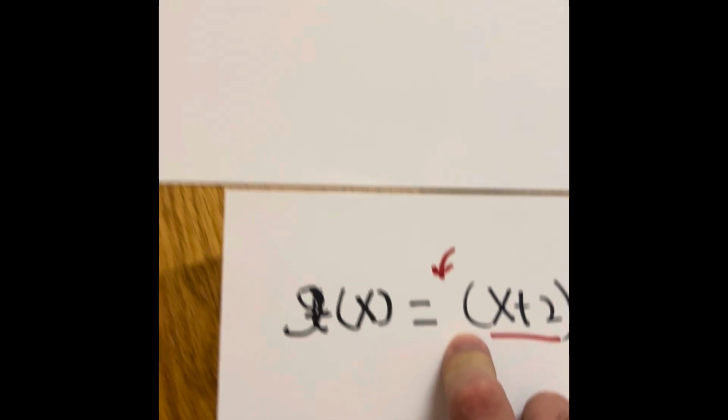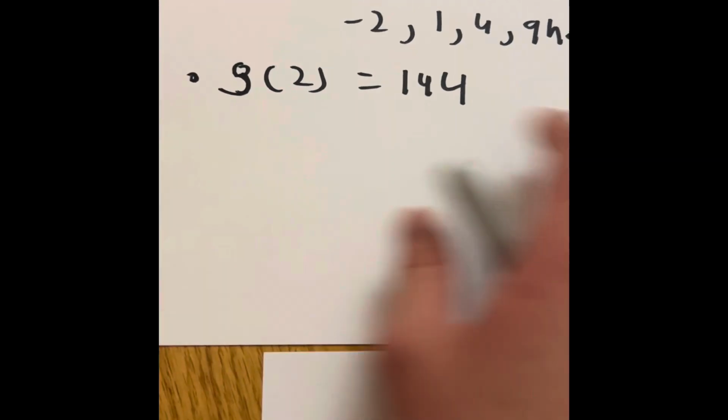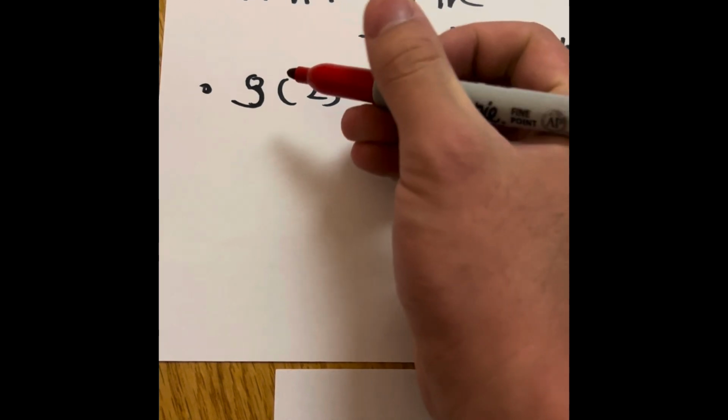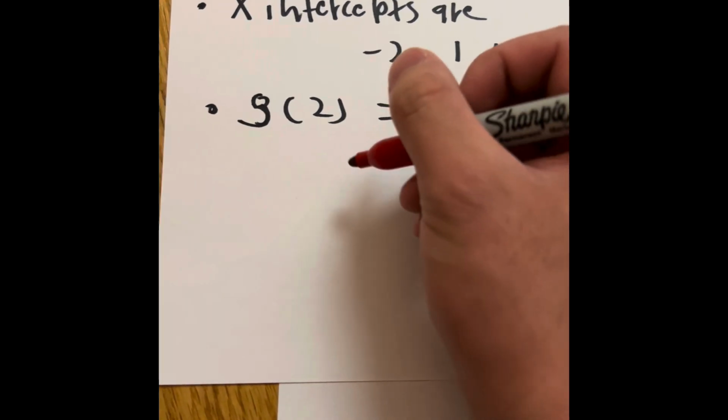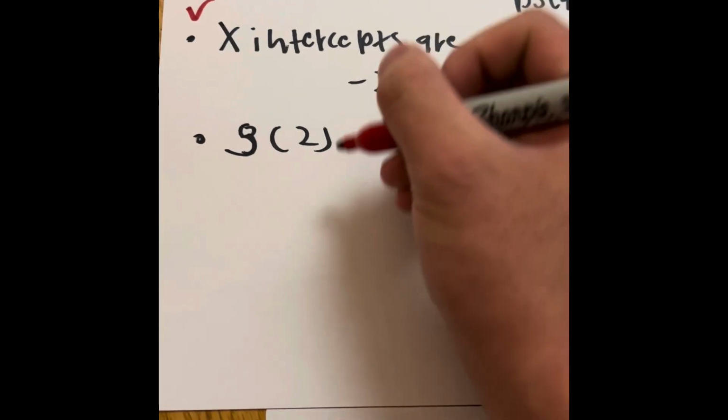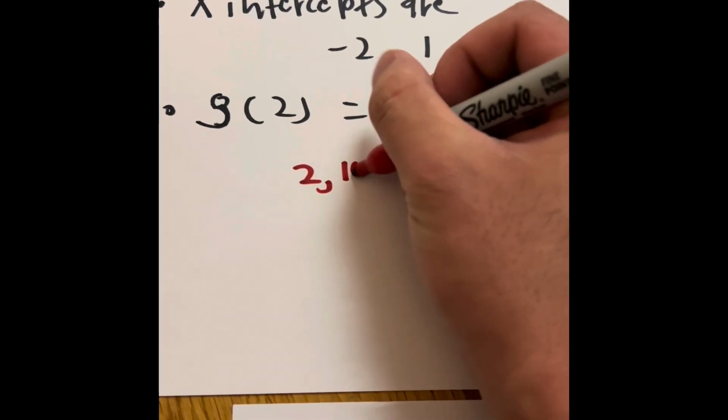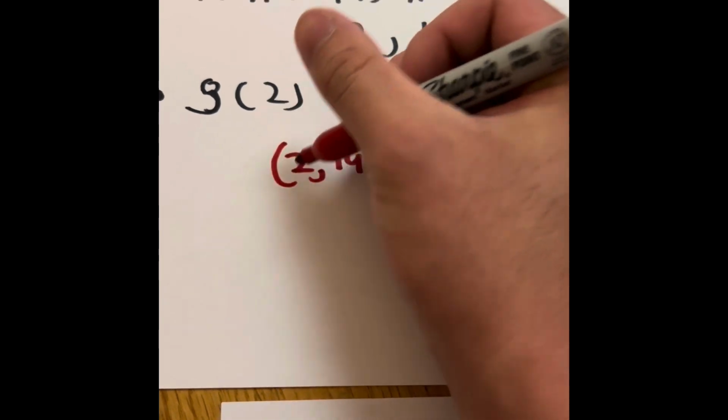Well, we can solve that by seeing it like this. If you had g of 2 equals 144, your teacher or your math test might have it as (2, 144) as a coordinate.